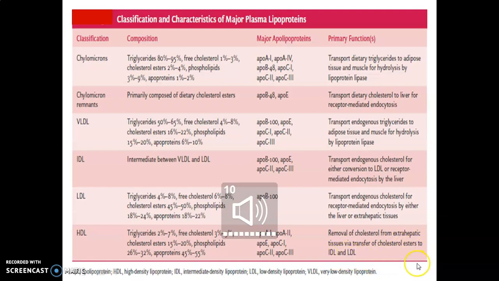So in our body all these lipoproteins are present, where HDL is considered good cholesterol, and LDL and VLDL are considered bad cholesterol, which is responsible for deposition of plaque in the blood vessels.